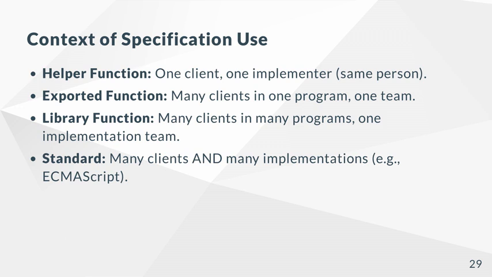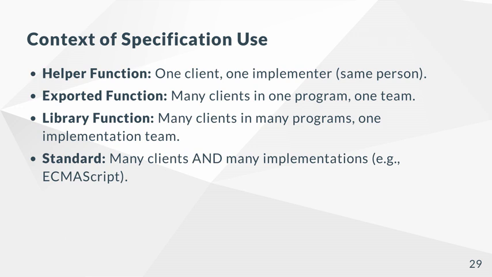Specifications exist on a spectrum of visibility. Helper functions: one client, one implementation, one programmer. Exported functions: many clients within one program, used by a team.